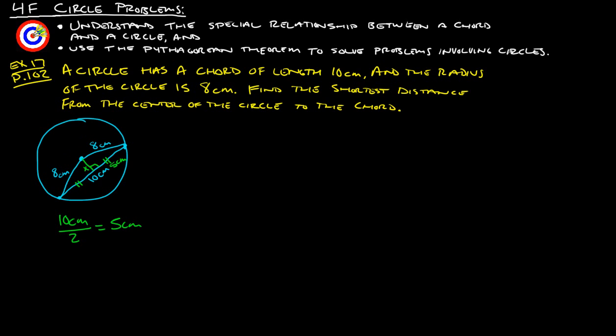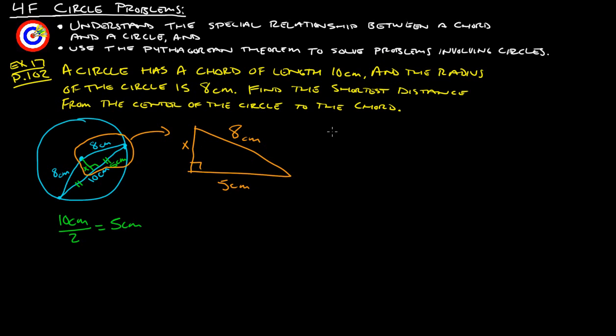So I'm going to just redraw this piece of the triangle right here so that it's not quite so confusing. So there's our 8 centimeters, there's our 5 centimeters, and there's our right angle. We want to find x.